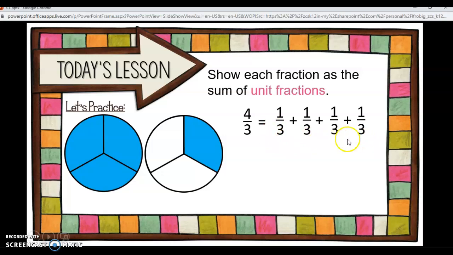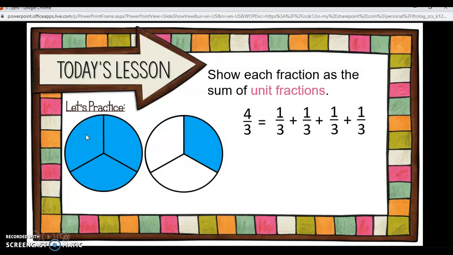Now, and you'll see later on in our lesson, this improper fraction can be recorded as a mixed number. A mixed number is when you have one whole piece and a little bit of fraction left over, just like this picture. So if you look at the blue whole piece, we have 3/3, right? 1/3 plus 1/3 plus 1/3.